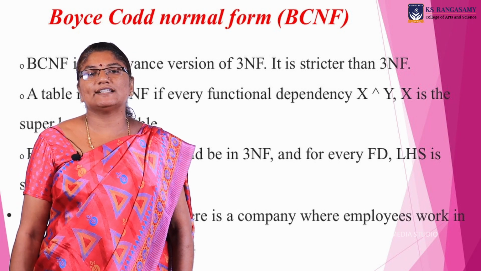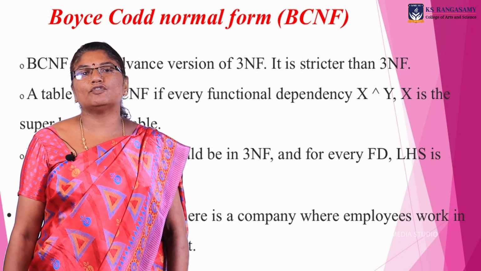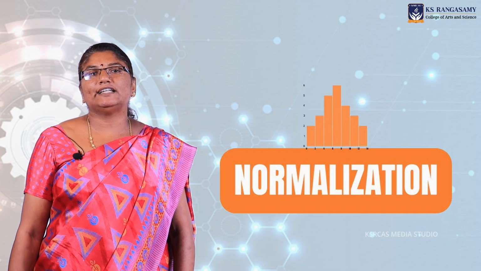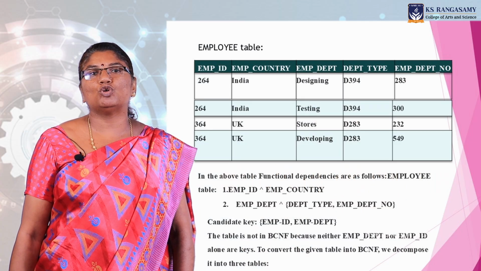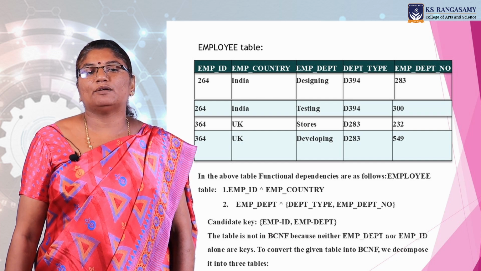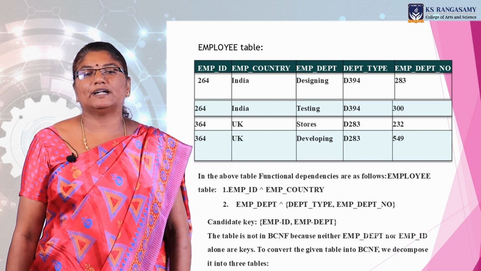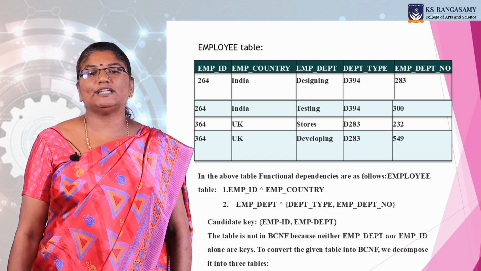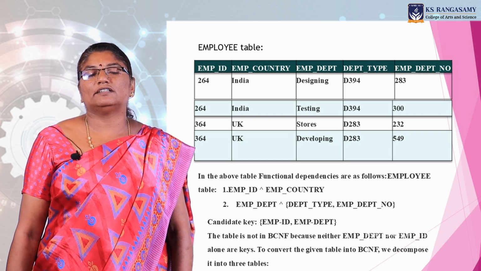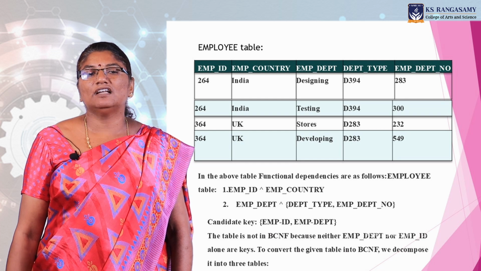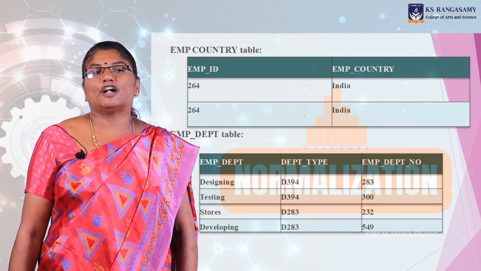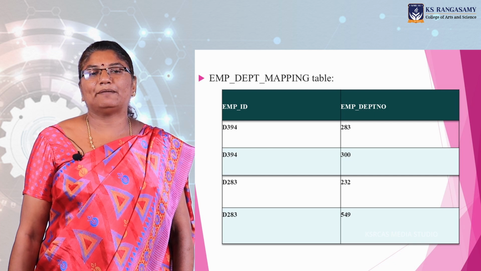Let us assume there is a company where the employees work in more than one department. So here we are considering an employee table with a number of fields: employee ID, employee country, employee department, department type and employee department number. The table is split into three: employee country table, employee department table and employee department mapping table.